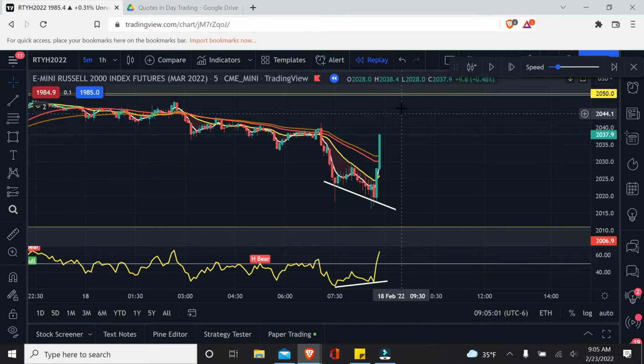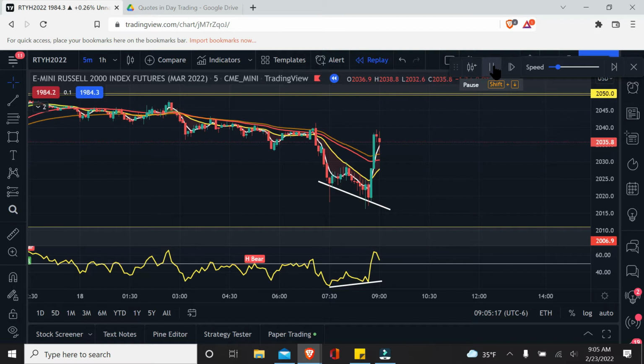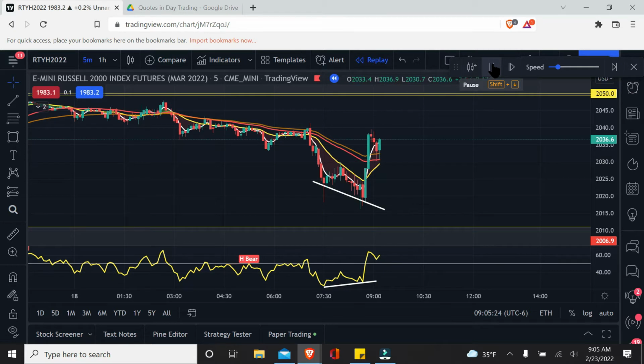So I would wait. That's just me. You can take your own chance if you like, but I wouldn't enter this trade right here. And I guess that was a good call because it looks like price is going back down.